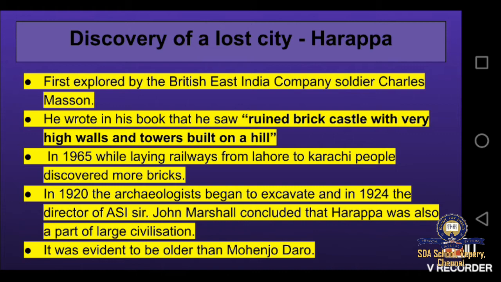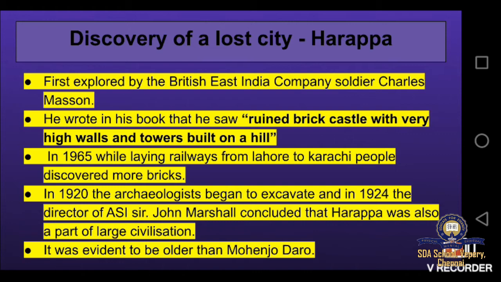In his book, he wrote about the Harappa city. He knew that it was a lost city because he saw a ruined brick castle with very high walls and towers built on a hill. Earlier, people lived there, but now nobody lives there. So it has become a lost city.